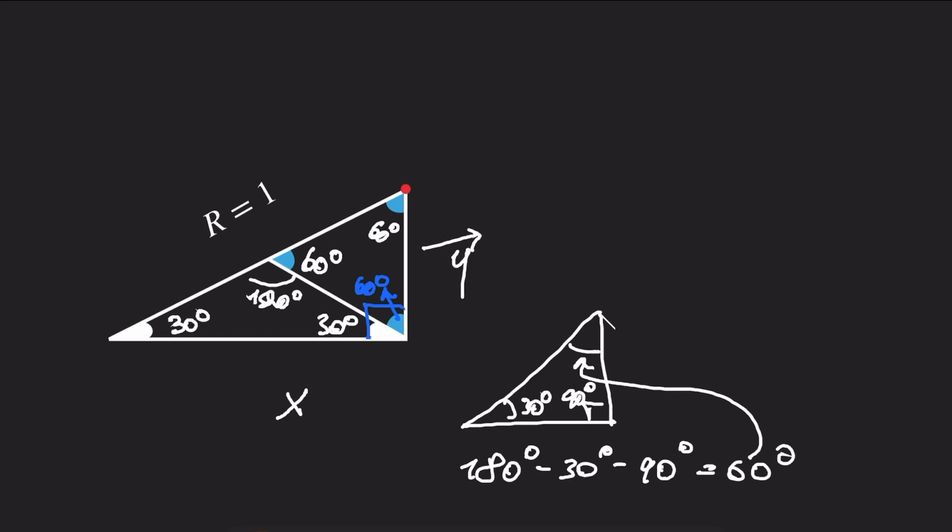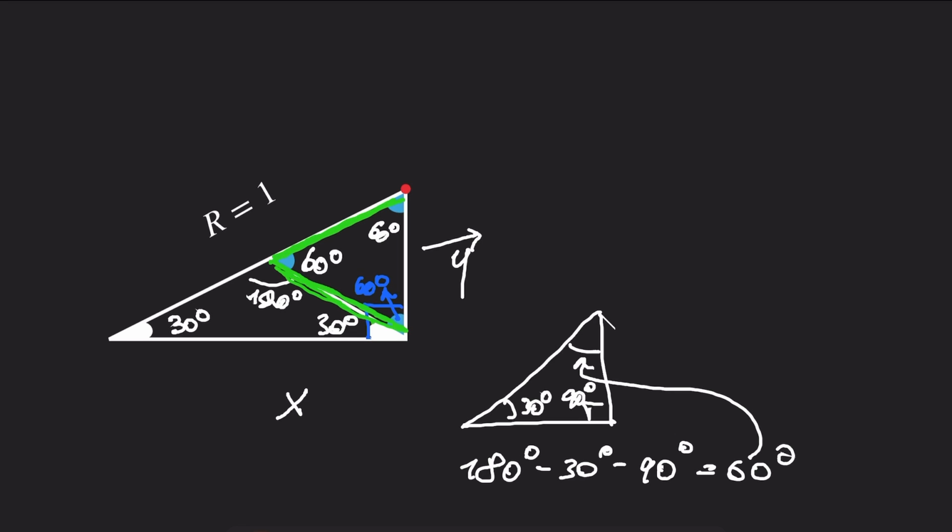What is important for me is that the lengths of the sides opposite equal angles are going to be the same. For example, the length of this side is the same as the length of this side, since the corresponding angles are the same, right?